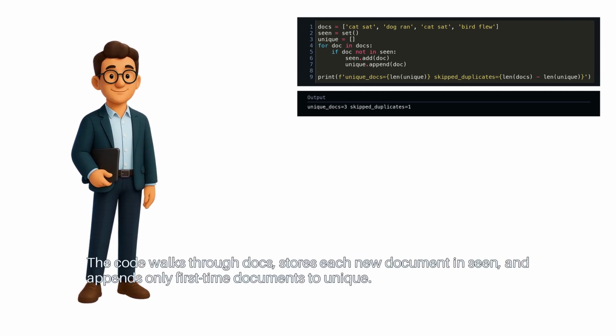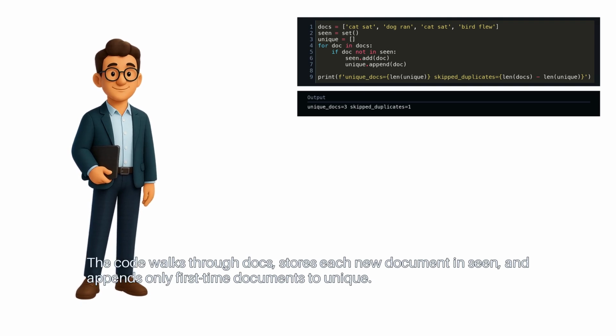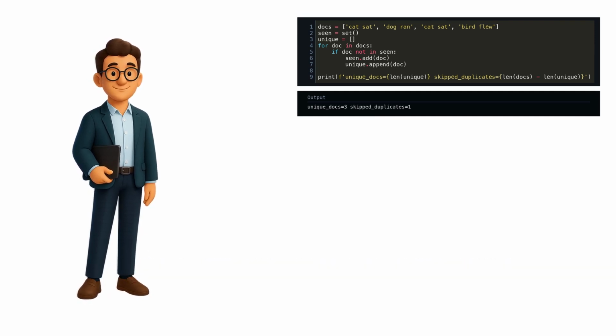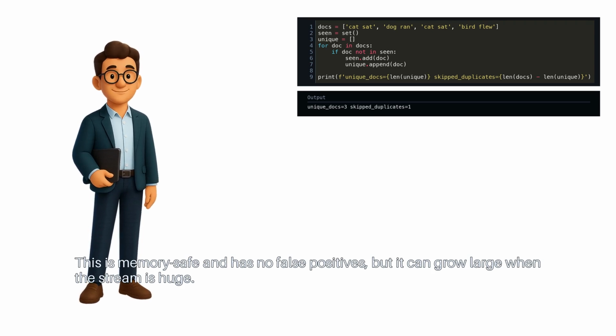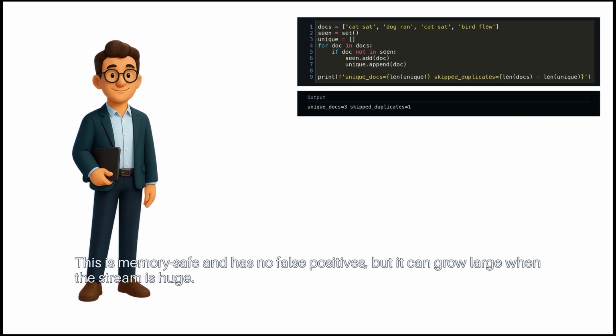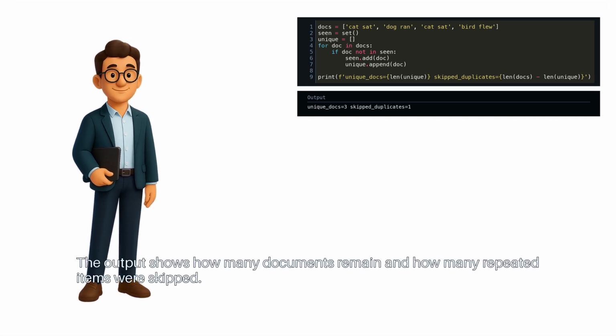The code walks through docs, stores each new document in seen, and appends only first-time documents to unique. This is memory safe and has no false positives, but it can grow large when the stream is huge. The output shows how many documents remain and how many repeated items were skipped.